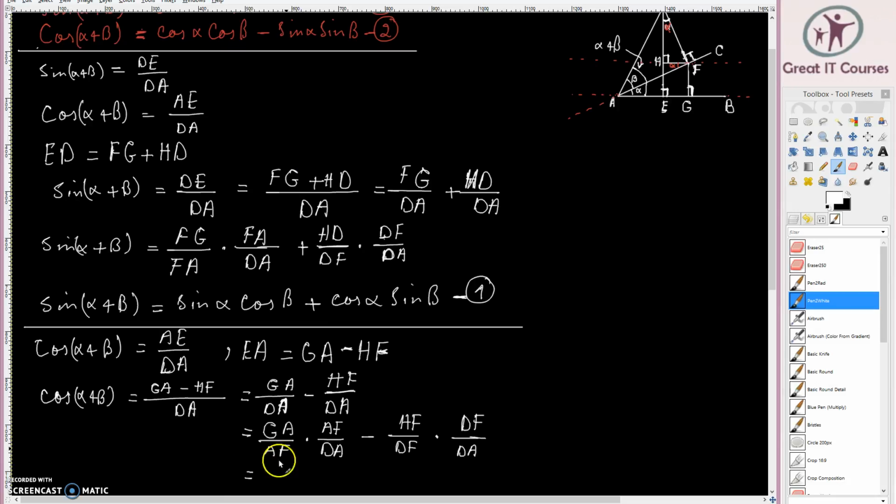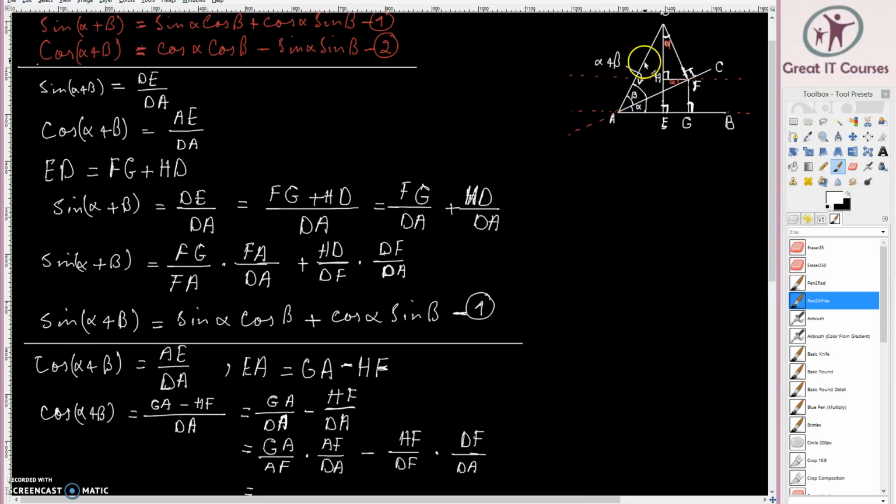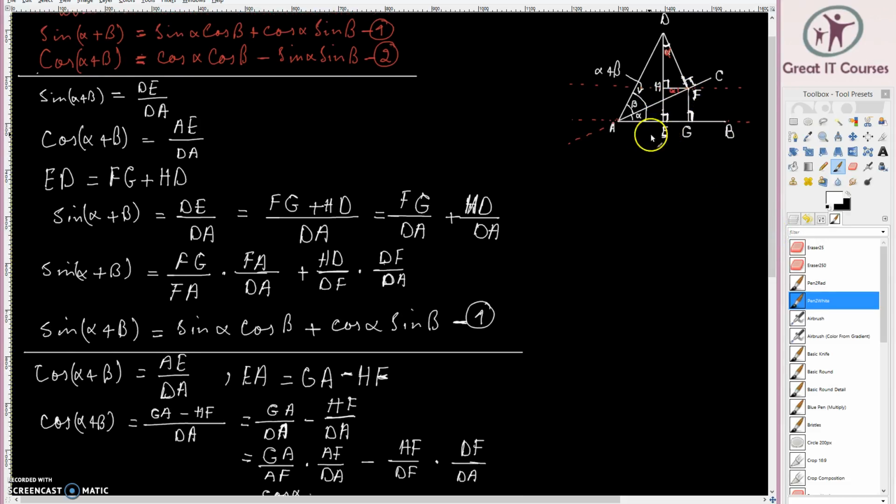So this is equal to then GA by AF. GA by AF is basically cos alpha. AF by dA is basically cos beta.